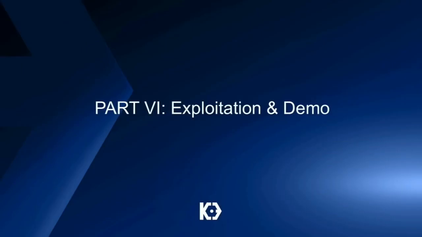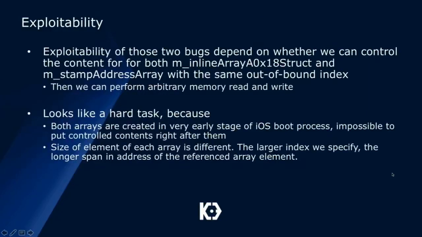Okay, after the bugs have been explained, let's look into the exploitation. The exploitability of those two bugs depends on whether we can control the content of both M inline array and the M stamp address array. We need to control the content of both of them. It looks like a very hard task.